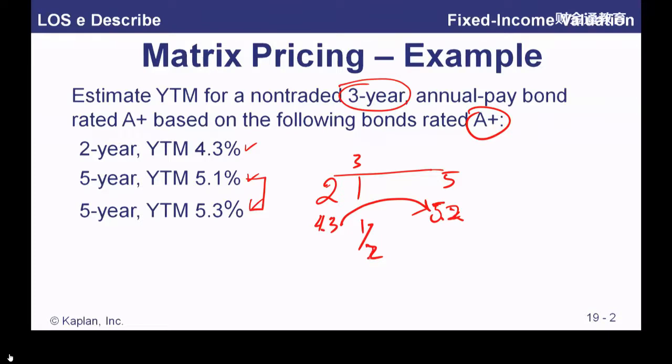We'll take the difference between them, 0.9. We'll take 1/3 of that, 0.3, and add it to the 2-year to approximate the market yield to maturity on the 3-year.